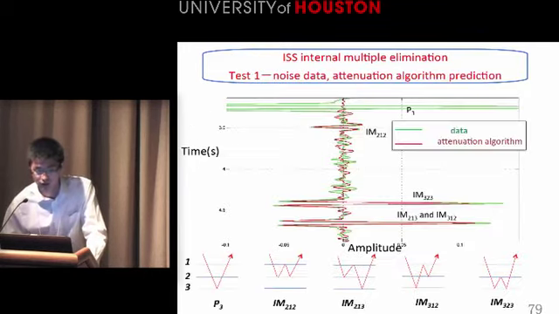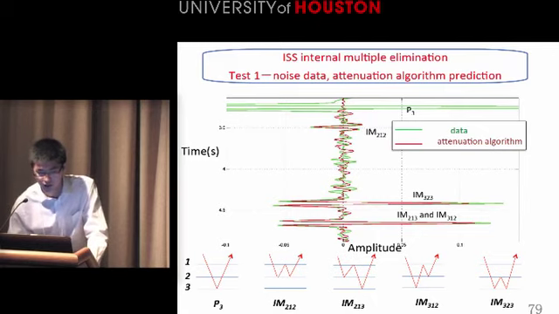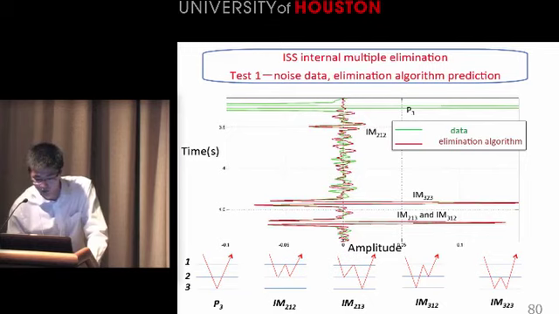Because this 1D normal incidence test has only one trace, the noise for one trace is the worst situation for noise in the data. But we can still say that even with random noise in the data, we can predict a very good result. We can predict good amplitude of the internal multiples.